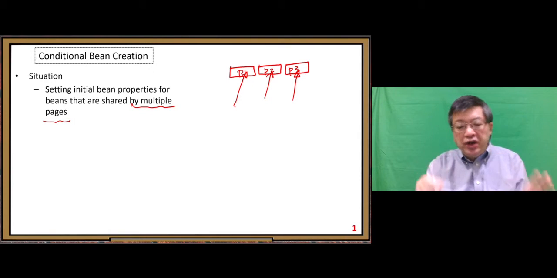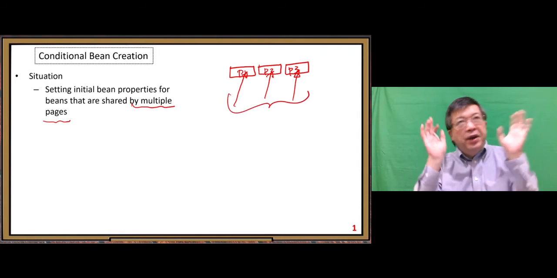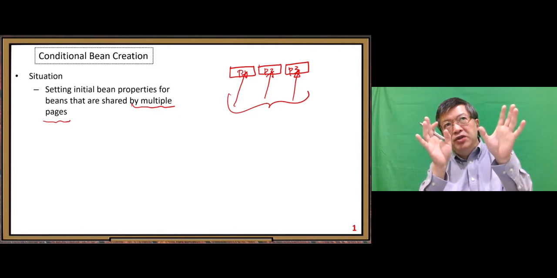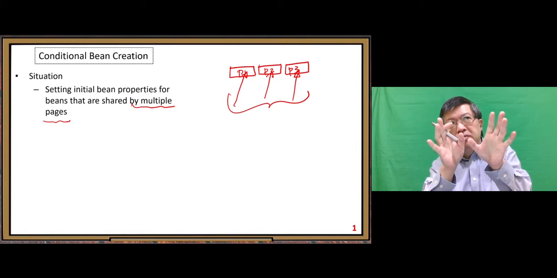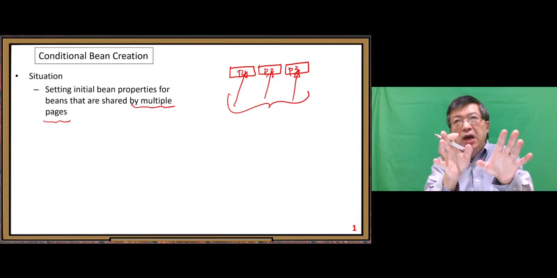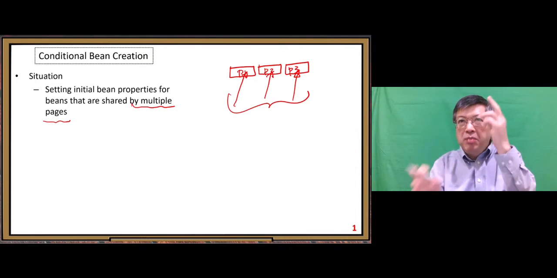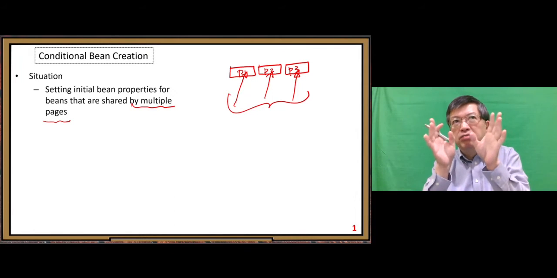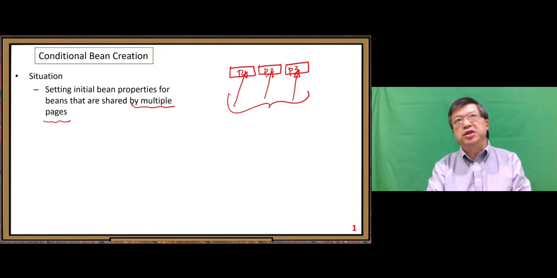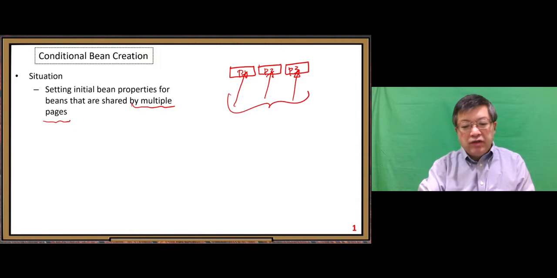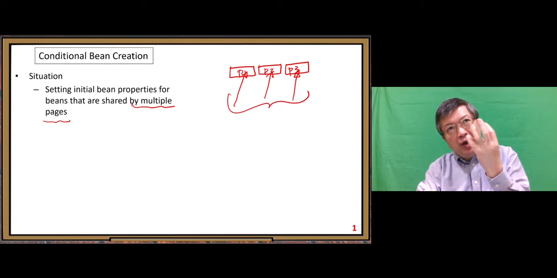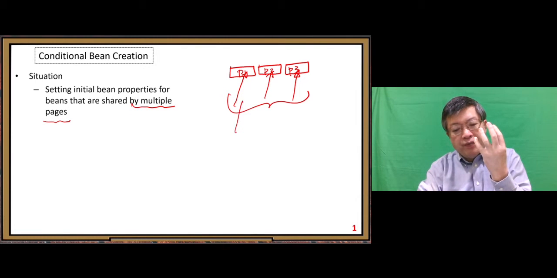If you do not know which page the user wants to select, you do not know what initial properties to set. For page 1, you need to set initial properties for page 1.